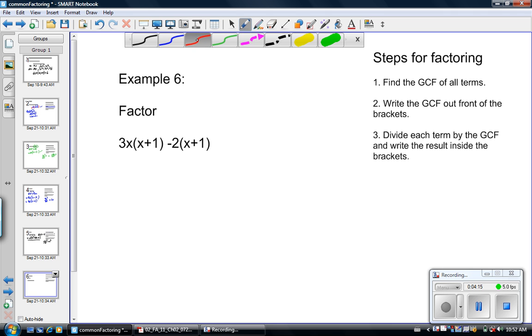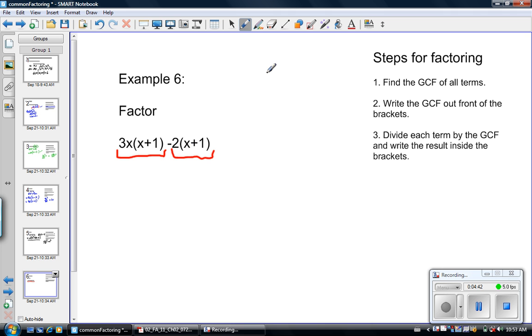If you look closely, this is one term, it's got 2 terms inside of it, but it's considered one term because it's this term subtract this term. So there are only 2 terms in this expression. Now if we look at what is common in both terms, we should see that there is an x plus 1 common on this side, and there's another x plus 1 common on this side.